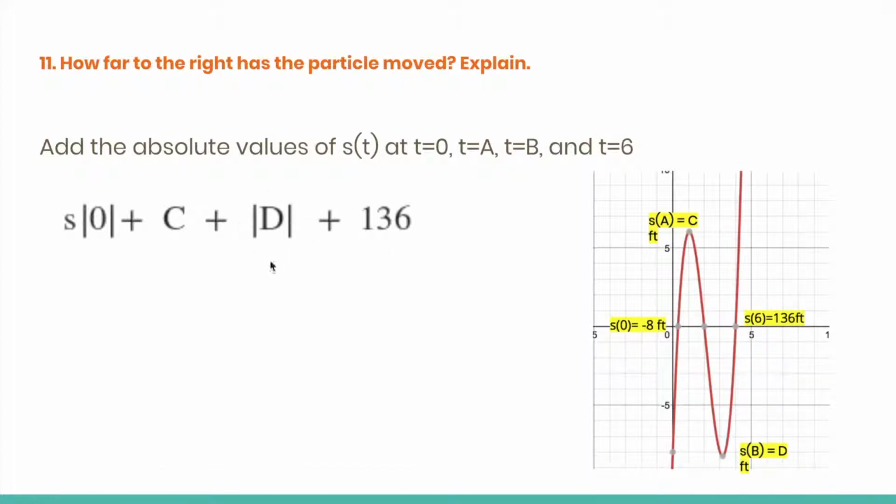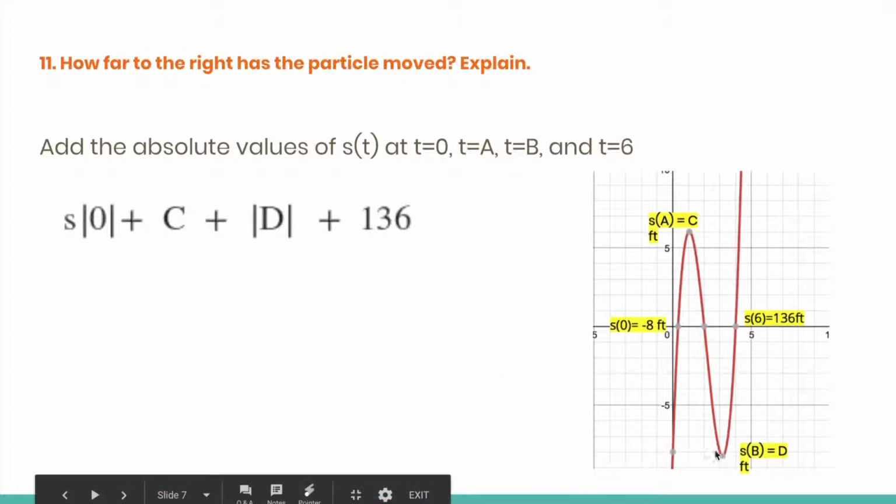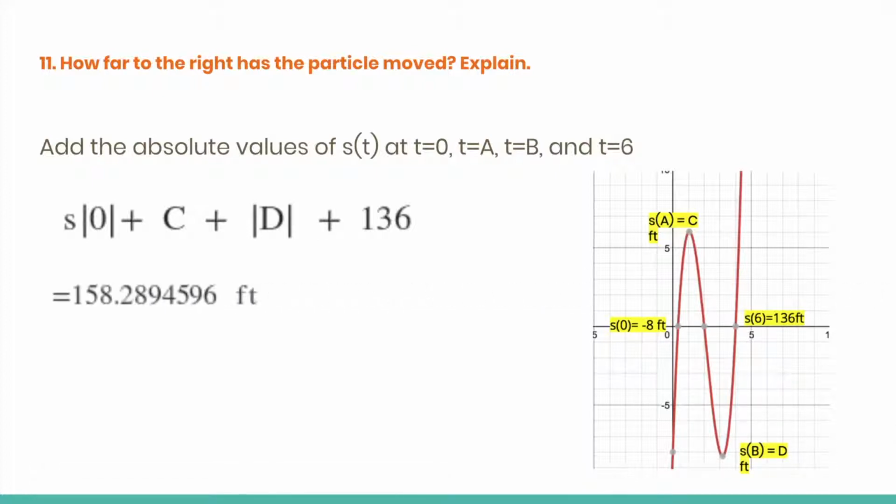So you must remember to take the absolute value so it's positive, and then you add 136. The final answer is that the particle has moved 158.2894596 feet to the right.